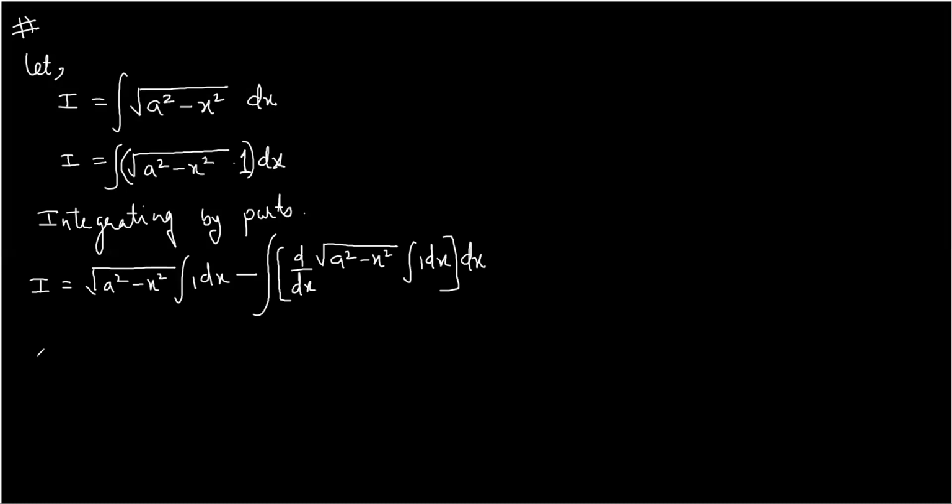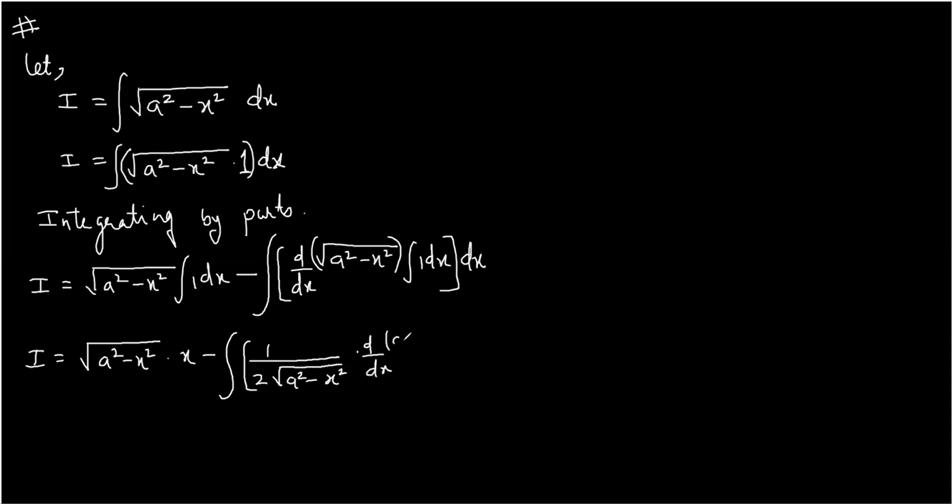So here I get square root of a square minus x square into x, integration of 1 is x, and big integral sign d by dx of root of a square minus x square, that is d by dx of square root of f of x. It is 1 upon 2 root f of x into the derivative of f of x. It is the derivative of a composite function, so we apply the chain rule. So 1 upon 2 root a square minus x square into d by dx of a square minus x square, into x, and here we have dx.